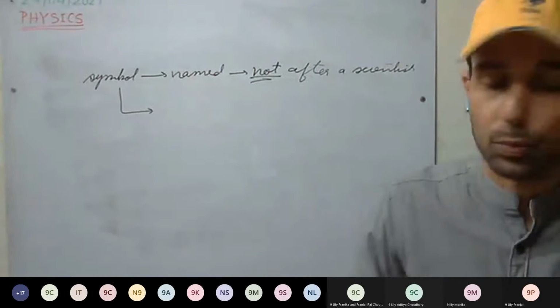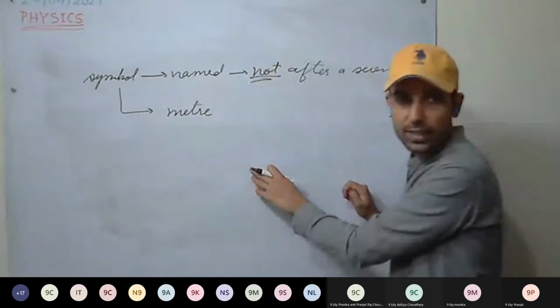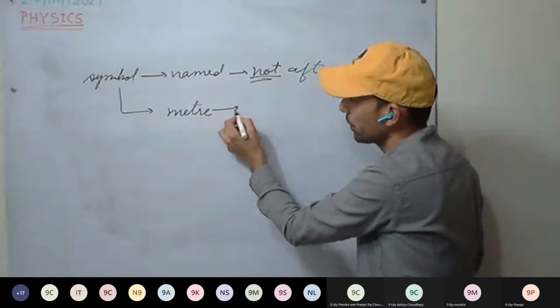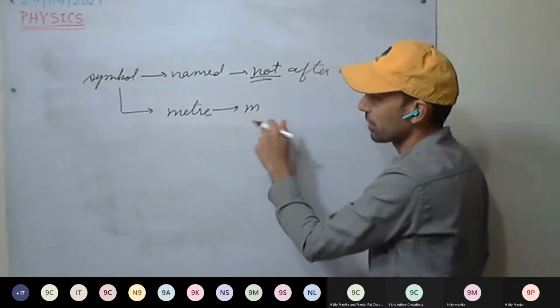For example, meter is not named after any scientist, so its symbol is m, small letter.